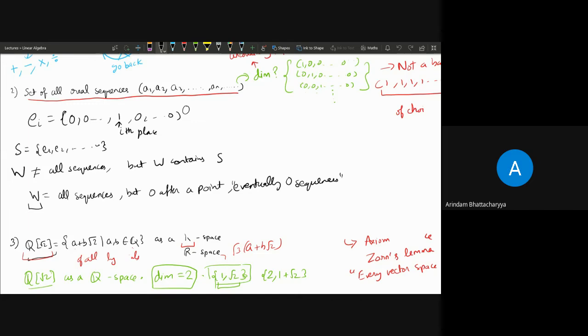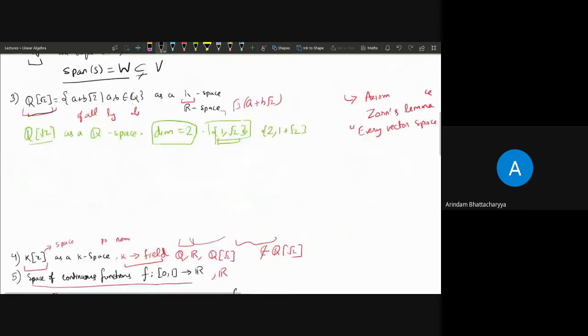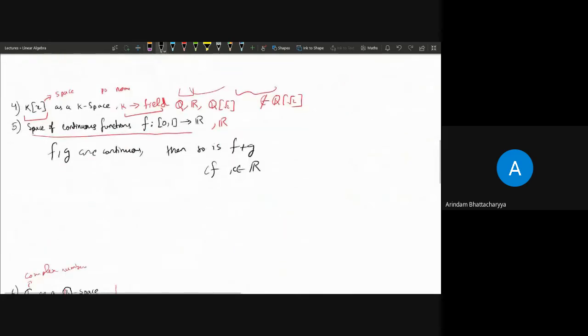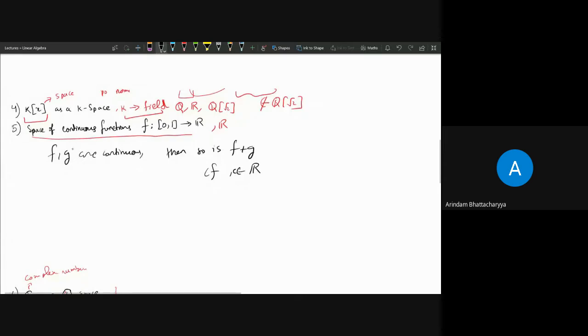And so this is actually the span of S, and this is a proper subspace of V. So hopefully that gave you some intuition. And so, polynomials as a case space.